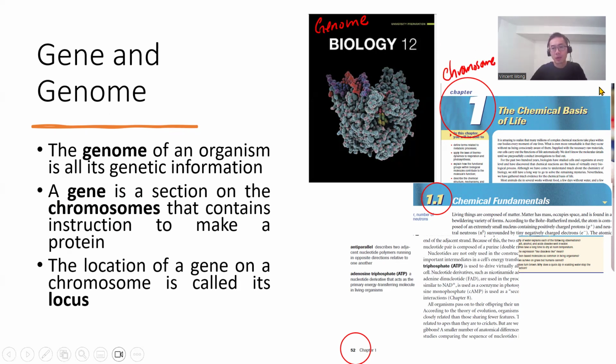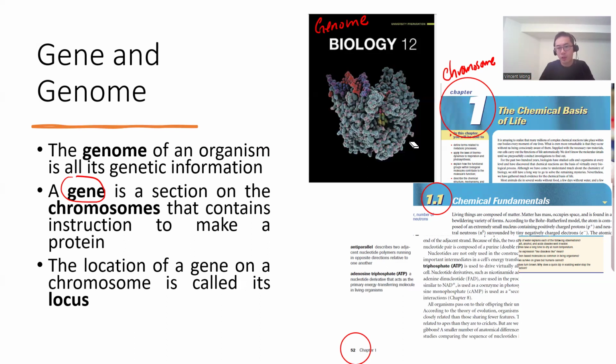Okay. So your entire textbook has 46 chapters, right? 46 chromosomes. That's how many we have. And the whole textbook is made of letters, right? In the textbook, the alphabet is A to Z, but in DNA, the alphabet is A, C, T, and G. A gene is going to be a section of the chromosome.